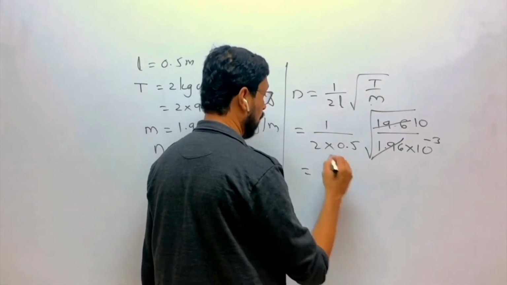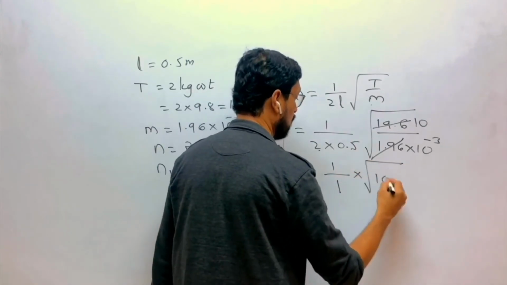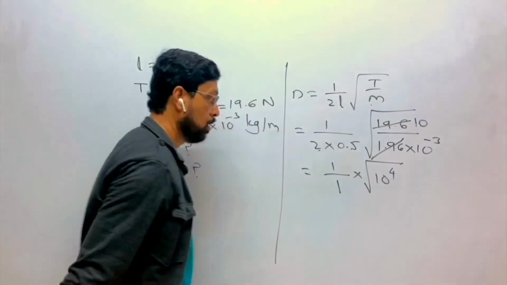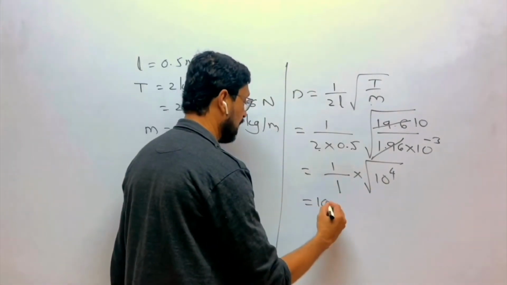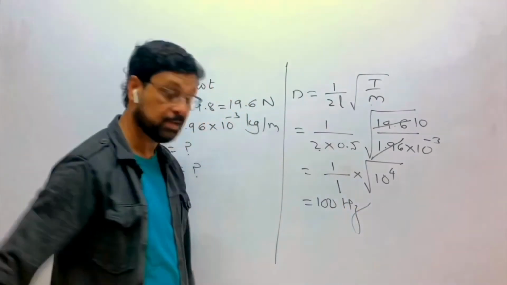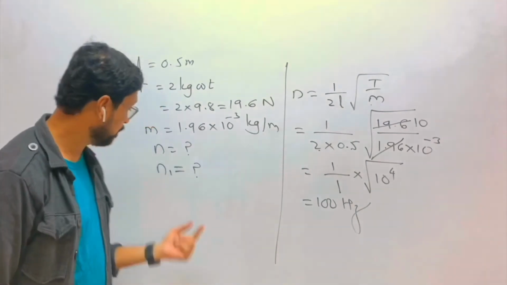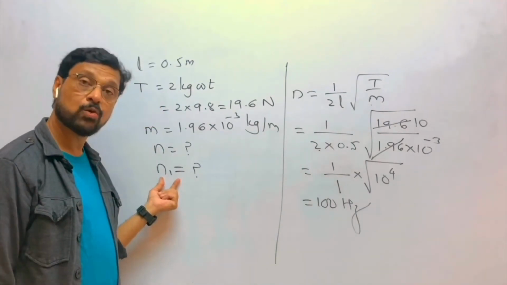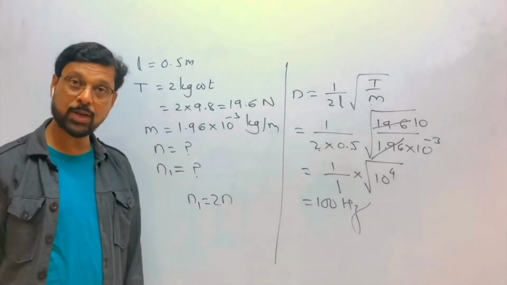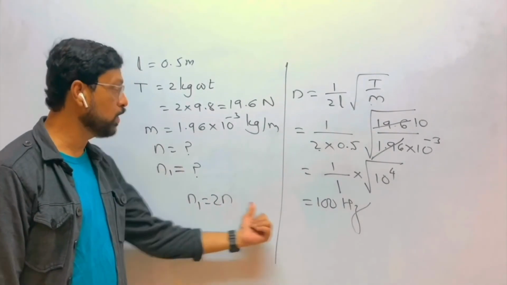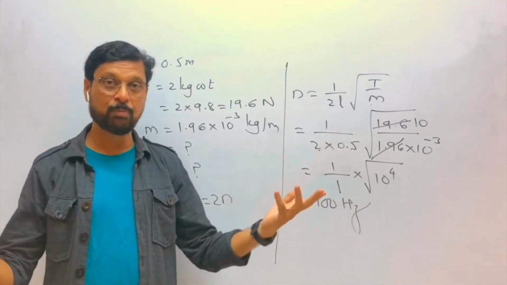So this is 1 upon 2 into 0.5, that is 1, into under root 10 raised to 4. Under root 10 raised to 4 is 10 raised to 2, that is 100. So frequency is 100 hertz. First answer, the fundamental frequency. First overtone N1 in string is equal to second harmonic. So N1 will be 2 into 100, that is 200 hertz. You got both the answers.